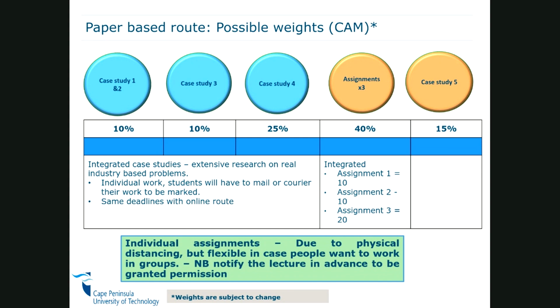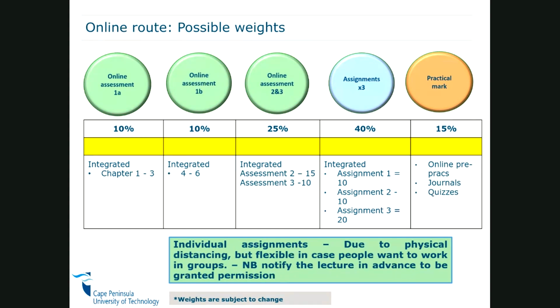And then if you are on the online route, you would start with an online assessment 1A. This would generally be the assessment that we do when we are back on campus. And this will cover, of course, as I've said previously, chapter 1 to chapter 3.